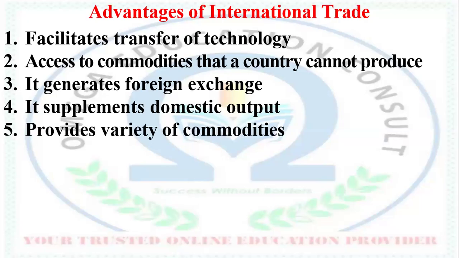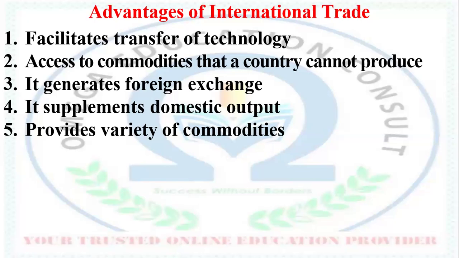To provide variety of commodities, as I mentioned earlier, it also helps us to get access to variety of commodities. For instance, there are certain TV shows that we are importing to Ghana. It is due to international trade. Okay, we have our own traditional wear, but we also want variety from other countries. So we are importing suits, jeans, different footwear, and so on and so forth.